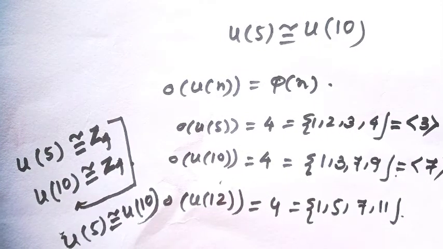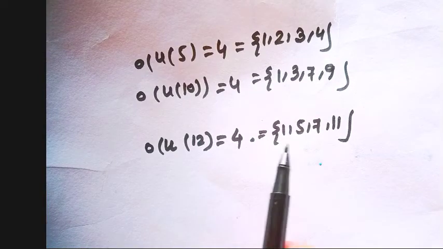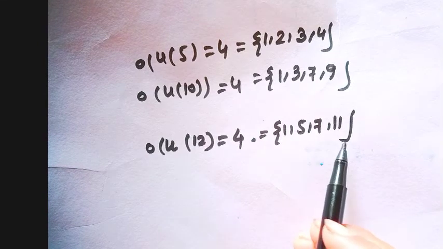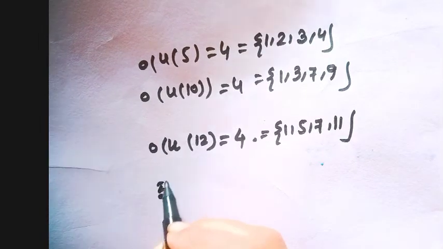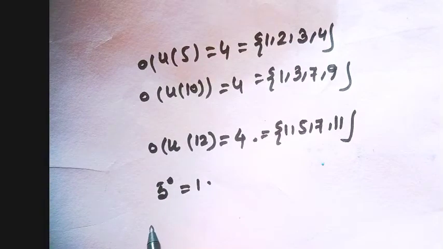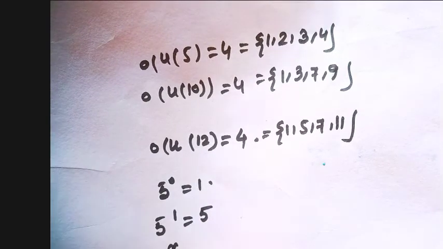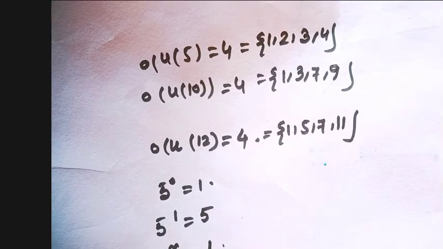Okay? Similarly, the order of U12 equals 4, and this contains the elements 1, 5, 7, 11. If you notice, 5 to the power 0 equals 1, 5 to the power 1 equals 5, 5 squared equals 1, and 5 cubed equals 5.